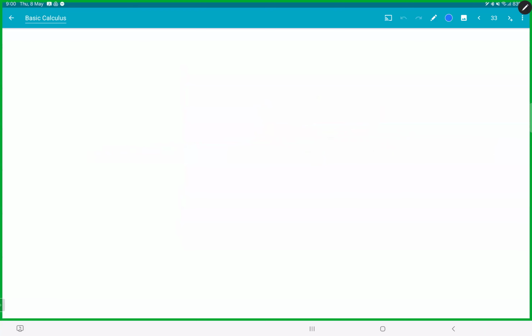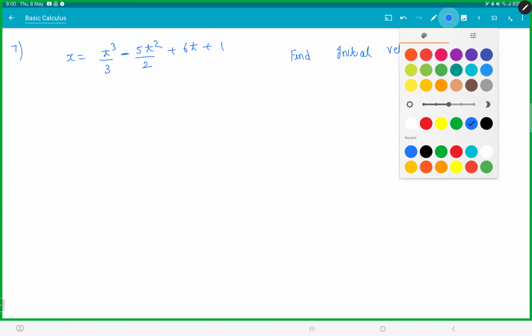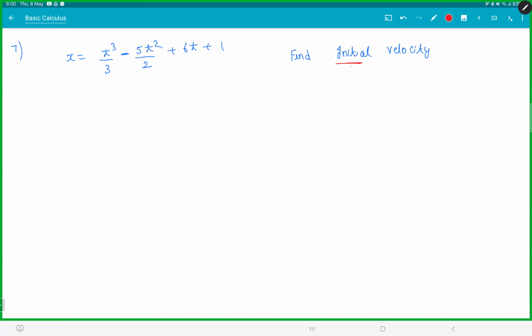Let's see one more similar question. Let's say the x coordinate of a man is t cubed by 3 minus 5t square by 2 plus 6t plus 1. Find initial velocity. What does it mean by initial? The word initial means time is 0.